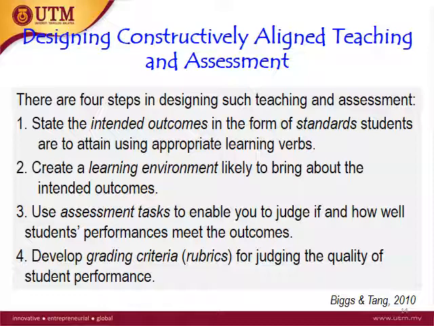That means to activate the verbs that you had used in the learning outcomes statement. This is followed by choosing or developing assessment tasks that will allow you to judge how well students' performances meet the outcomes. And last but not least, you need to develop some kind of criteria to evaluate the quality of student performance.